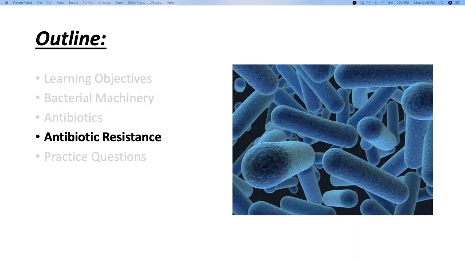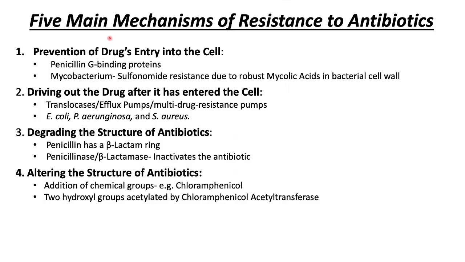Now, I'd like to talk about antibiotic resistance. There are 5 main mechanisms of resistance to antibiotics, to include prevention of a drug's entry into the cell, driving out the drug after it has entered the cell, degrading the structure of antibiotics, and altering the structure of antibiotics.